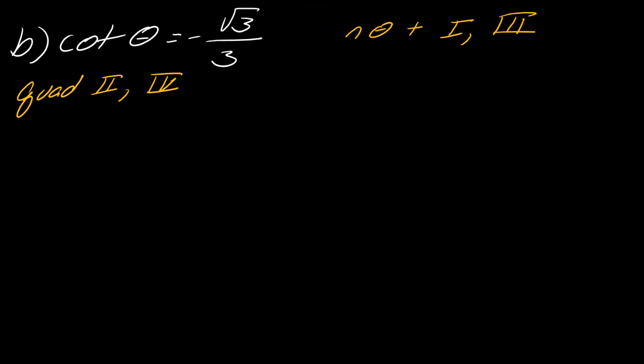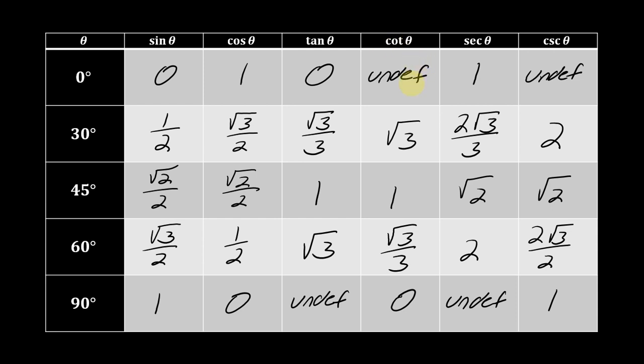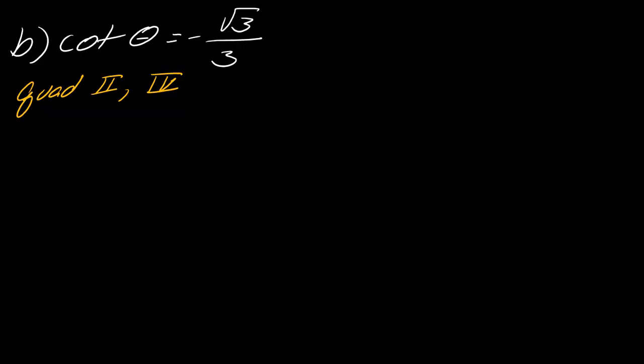Getting rid of all that, now I can reverse engineer this. All of this comes back to that handy dandy little chart. Square root of 3 over 3 for cotangent happens at 60 degrees. Now we just want to be careful when figuring this out. Here's my 60 degrees.